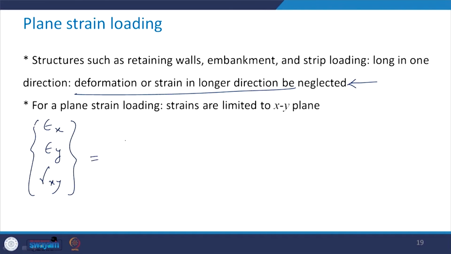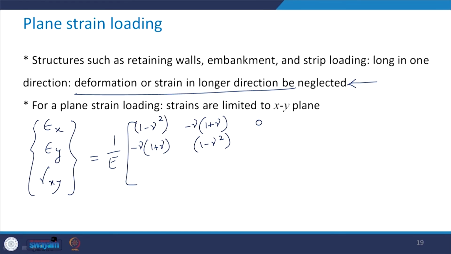This is going to be equal to 1 upon E times the matrix 1 minus nu square, minus nu into 1 plus nu, 0; minus nu into 1 plus nu, 1 minus nu square, 0; 0, 0, 2 times 1 plus nu; and then you will have the stress vector, which is sigma x, sigma y and tau xy.